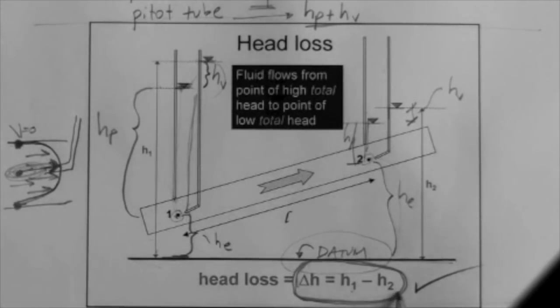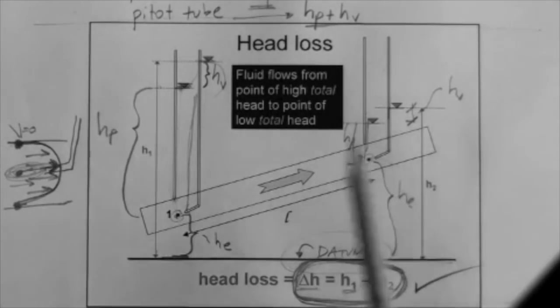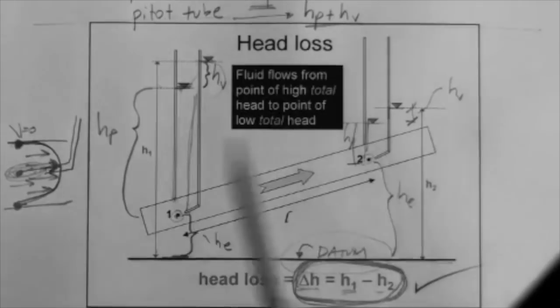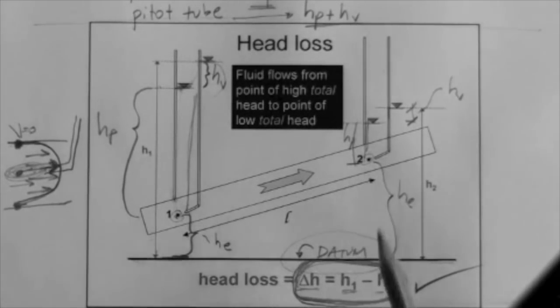The value of delta H, which is what drives the flow, is going to be the same, provided that you do the problem correctly and you determine the heads correctly. That delta H will be the same for any datum. The calculation of total heads will be different if you have a different datum, but the delta H will be the same.